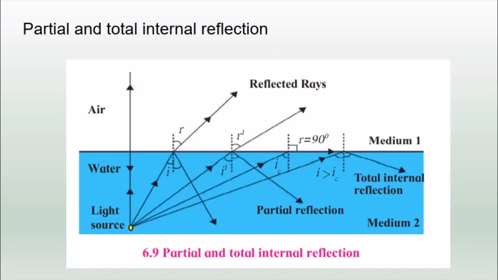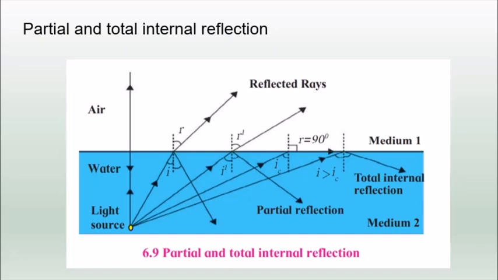So for a particular value of i, the value of r becomes 90 degrees. When r is equal to 90 degrees, this value of i is called the critical angle. For angles of incidence larger than the critical angle, the angle of refraction is larger than 90 degrees, and such rays return to the denser medium, as shown in the figure on the right side.